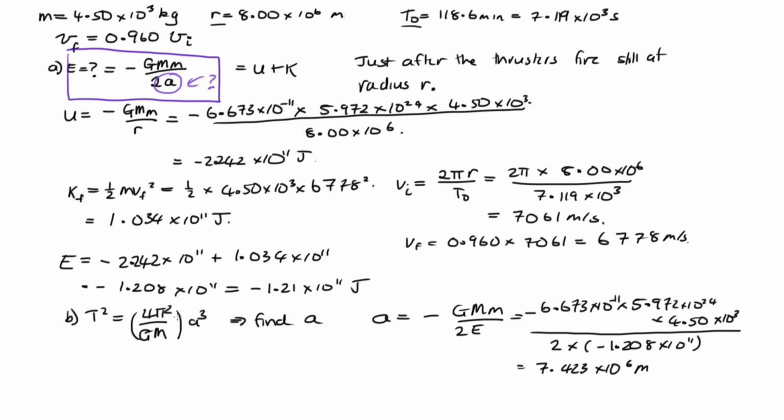Okay, so now we've got A, so now we can find T. T is equal to 4 pi squared over G, which is 6.673 times 10 to the minus 11, times M, the mass of the planet, which is 5.972 times 10 to the 24, times A cubed, which is 7.423 times 10 to the 6 cubed, and then we need to take the square root of this.